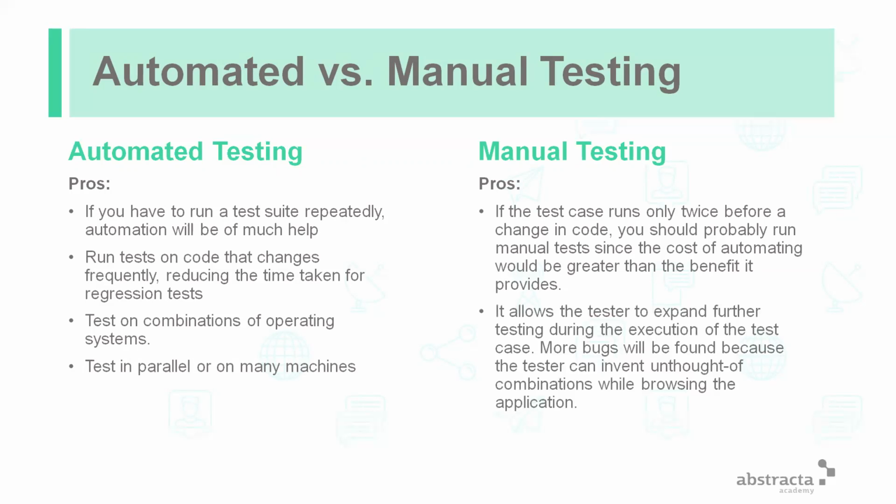And it allows the tester to expand for further testing during the execution of the test case. The tester can change the flow, or try another thing to test while running a test case. And more bugs will be found because the tester can embed and think of combinations while browsing the application.